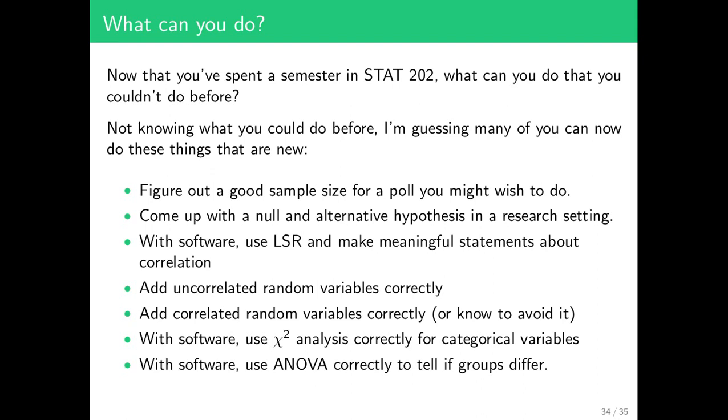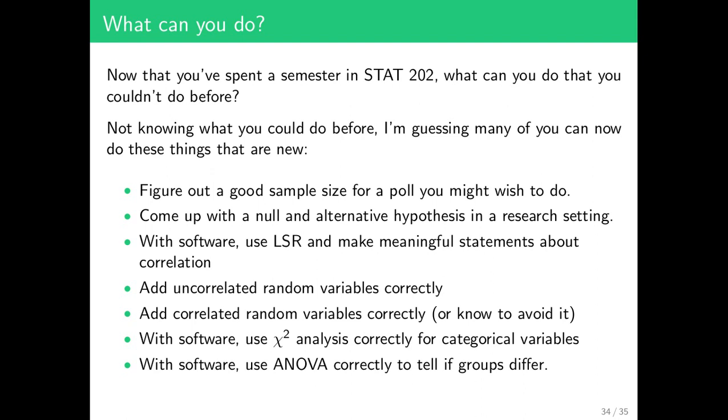Come up with a good null and alternative hypothesis in a research setting. With some software, create a least squares regression line and make some meaningful statements about correlation. And you can add correlated or uncorrelated variables correctly, or at least if you don't know how to add correlated random variables correctly, you know well enough to avoid doing so.